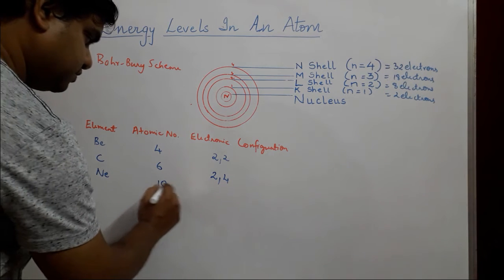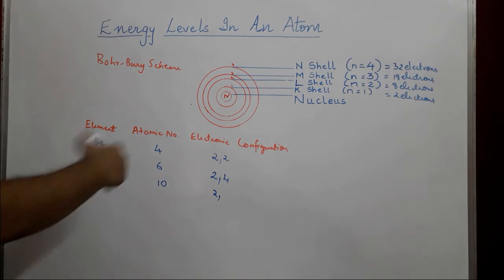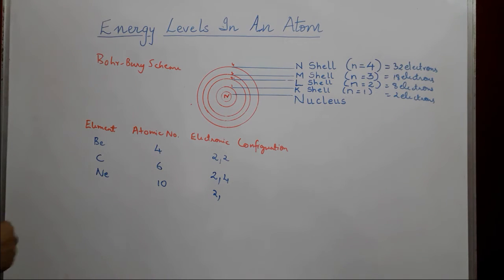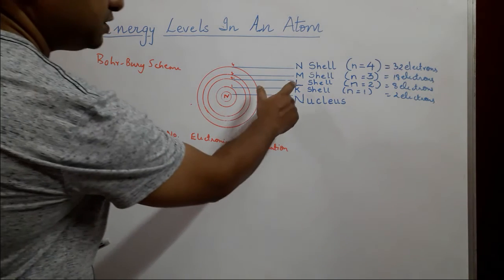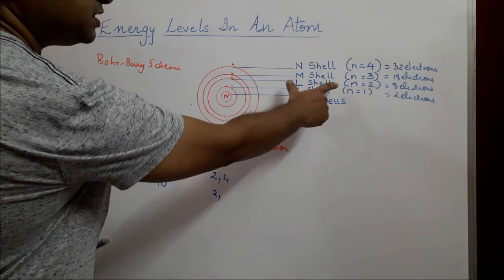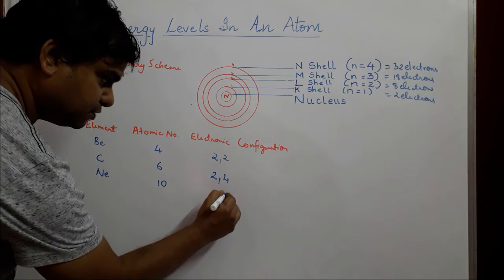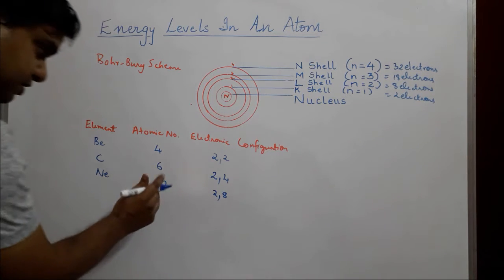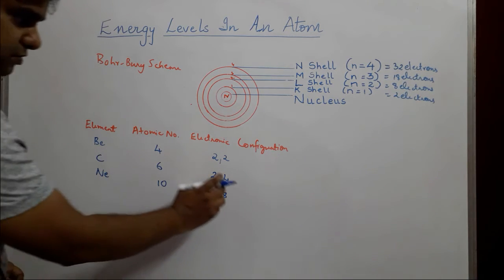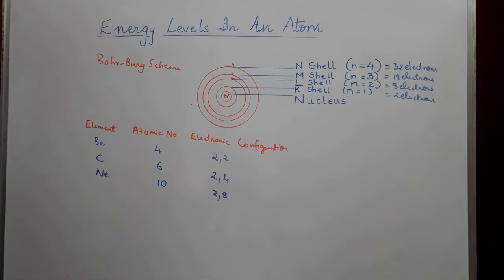It will be 2, and there are 8 electrons left to be pushed into various orbitals. The number of electrons that can fill up the L shell is a total of 8, and there are 8 electrons left. So in the case of neon, the two shells, K shell and L shell, are completely filled up.